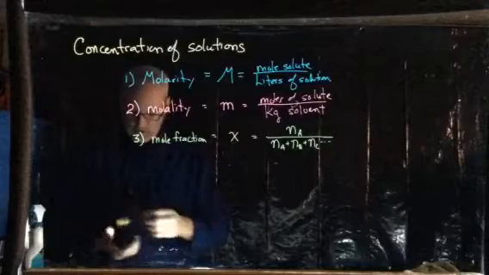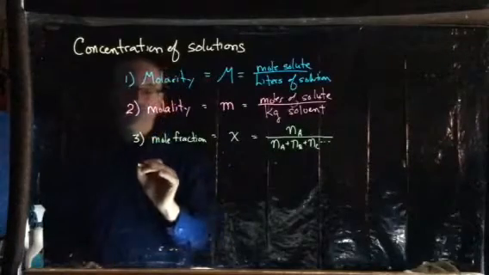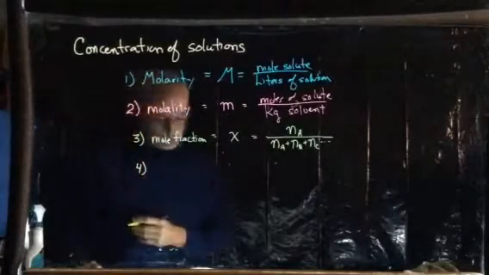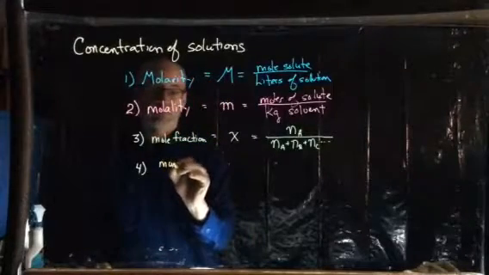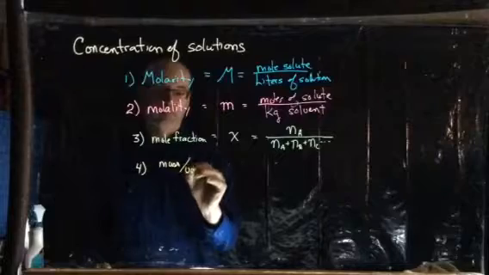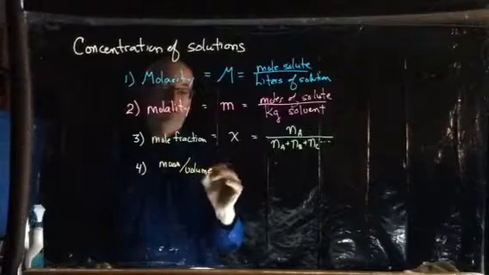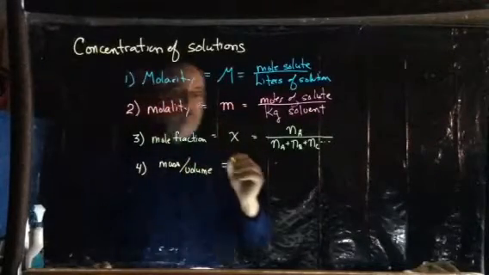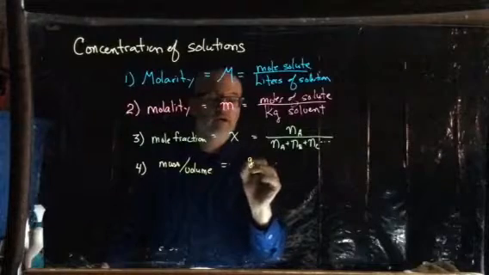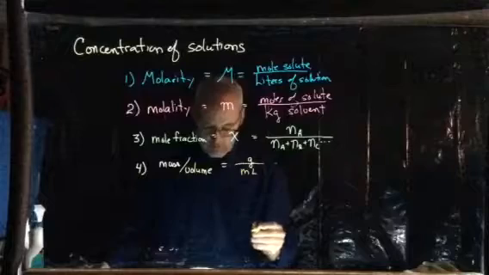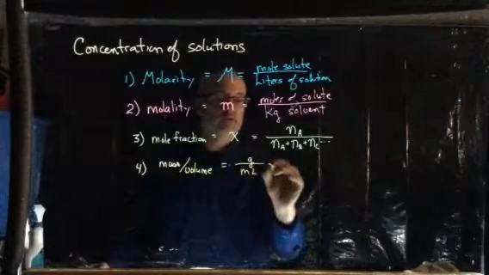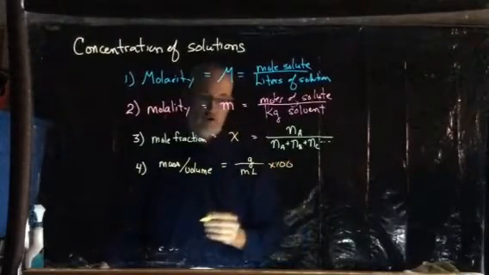Another way of expressing concentration, number 4, is mass per volume. Earlier we called that density, but for this class, mass is usually in grams, volume is in milliliters. And it's usually a mass volume percent, times 100.